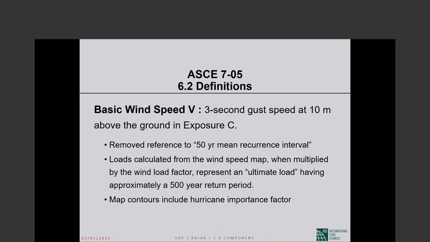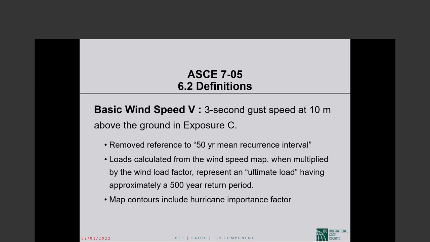Pressure translates into load. When that load is factored up by the wind load factor, which today is 1.6, that factored load has a return period of 500 years. So instead of saying 50-year return period wind speed, ASCE 7-05 chose to tell you that the factored load that we are designing for had a 500-year return period.